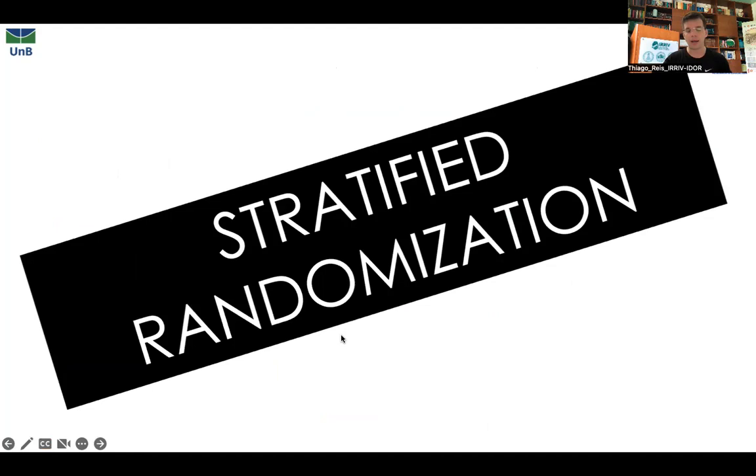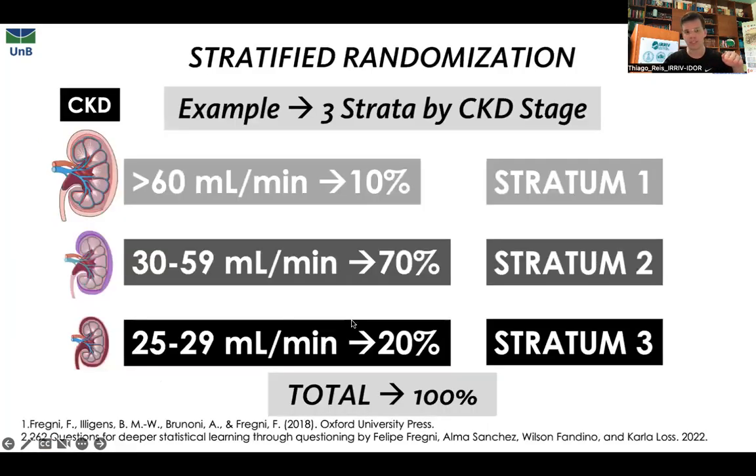Another point in randomization is stratified randomization. What does it mean? Strata, we can interpret as levels. In this case, for example, we can make 3 strata. One of the strata would be patients with GFR above 60 mL per minute.